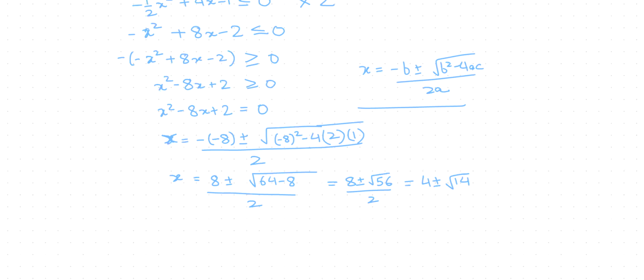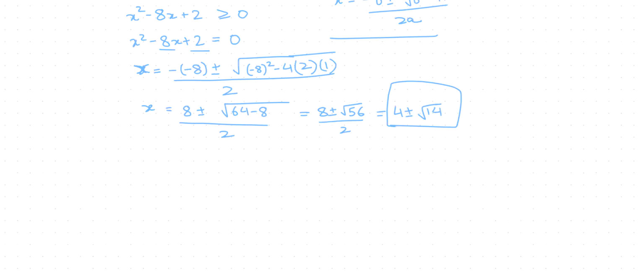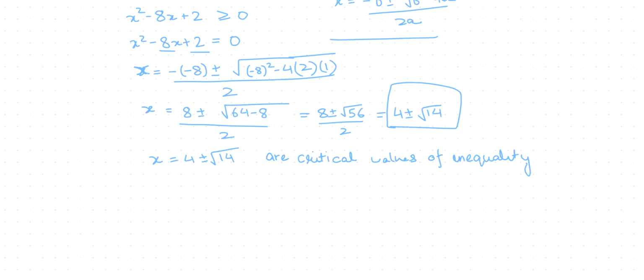We see that a here is 1, b is -8, and c is 2. When we put in the values, we get the two values of x like this. So these are the critical values of the inequality.